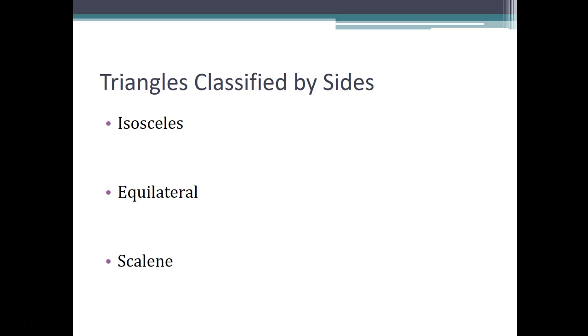Let's talk about that a little bit more here. You can also classify triangles by sides. Isosceles triangles have two equal sides. Based on what I was just telling you about angles and sides being related, the angles opposite those sides are also going to be congruent.